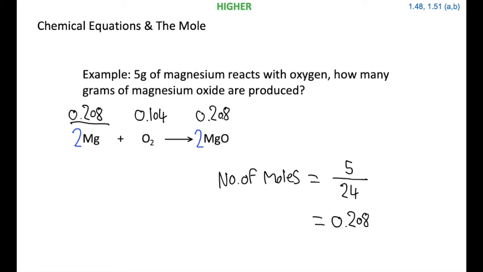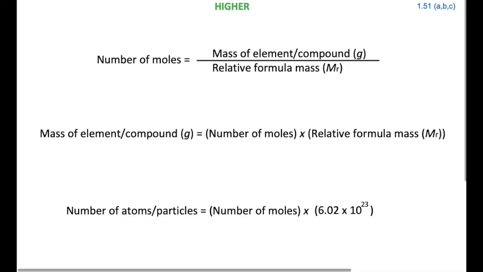Now we're in a position where we convert moles to mass, because that's what the question is asking us. To get this, we need to multiply the number of moles, which is 0.208, by the relative formula mass of magnesium oxide.